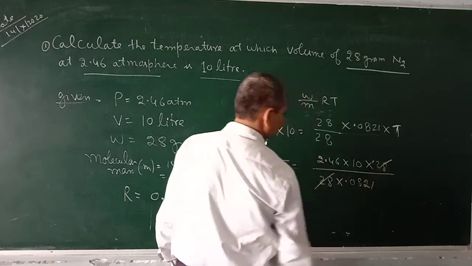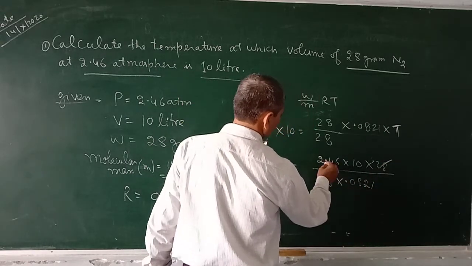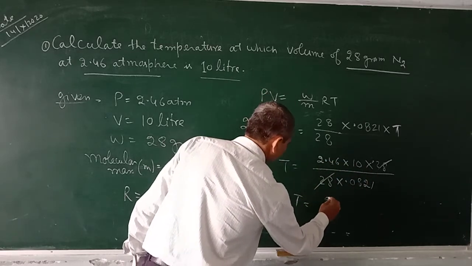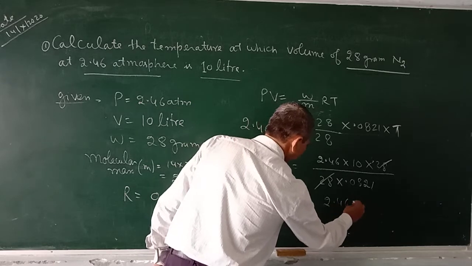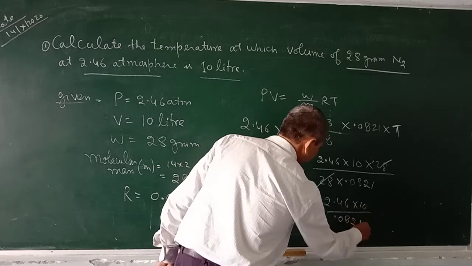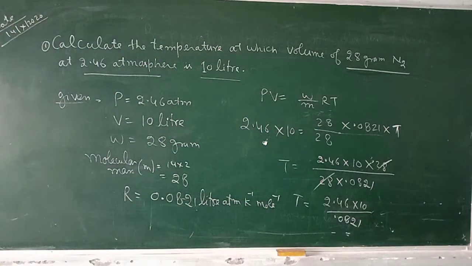28 will be cancelled. So T is 2.46 into 10 upon 0.0821. After solving this, you will get the answer.